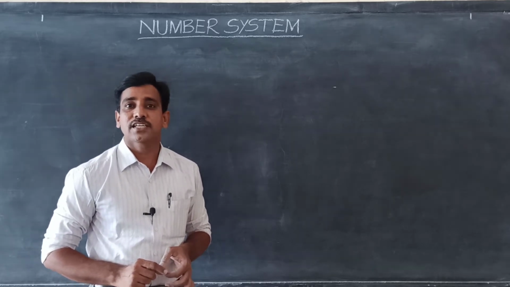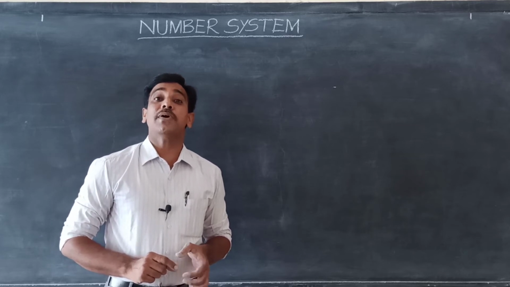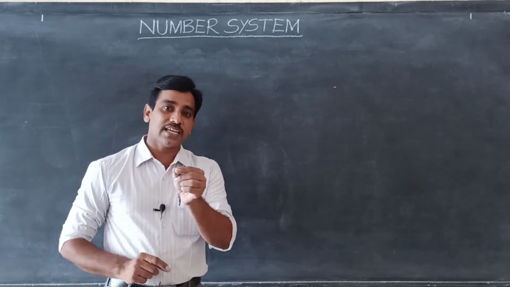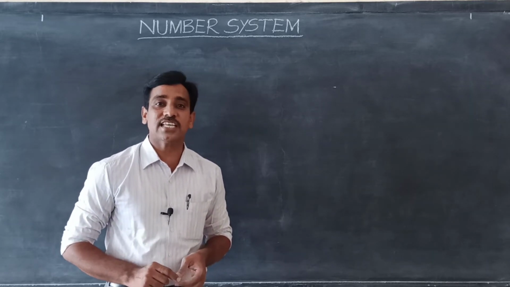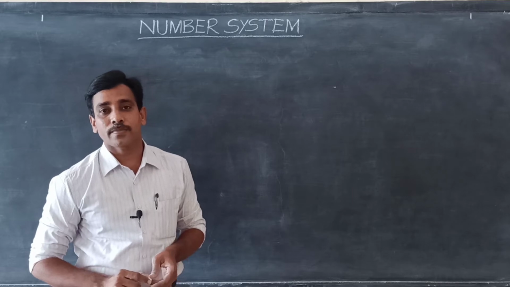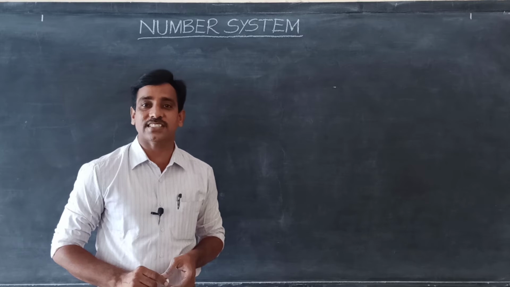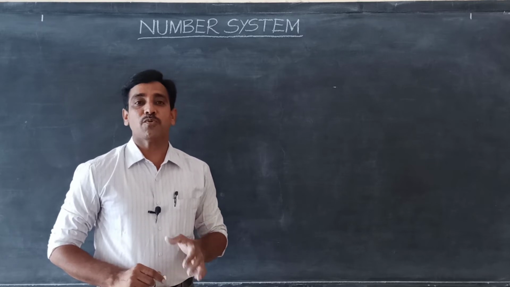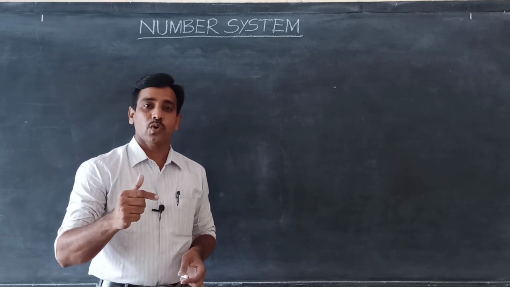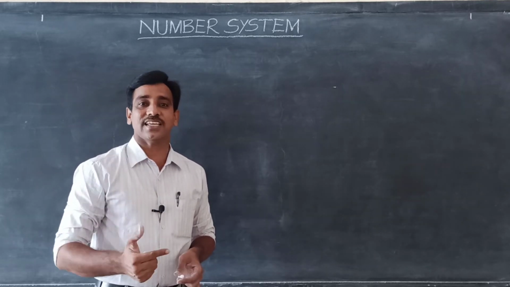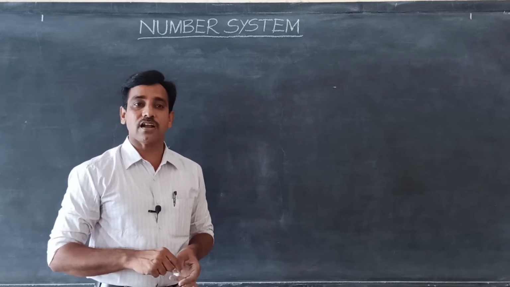Why? Because every number in natural numbers has its successor. Successor means one more than a number is called its successor. Suppose 1, the successor of 1 is 2. The successor of 2 is 3. The successor of 3 is 4. Like that. That is called successor.